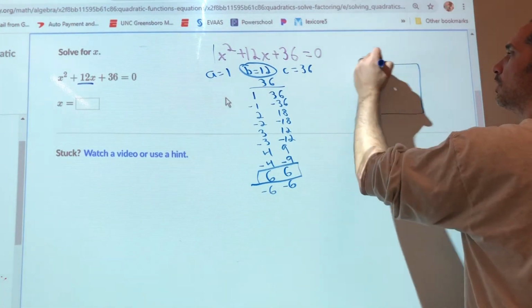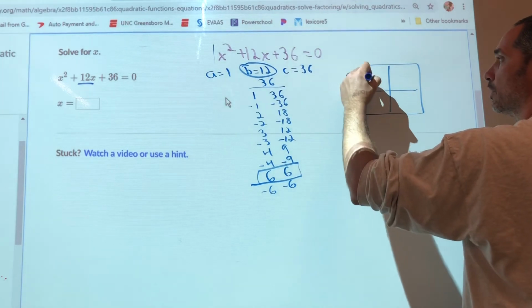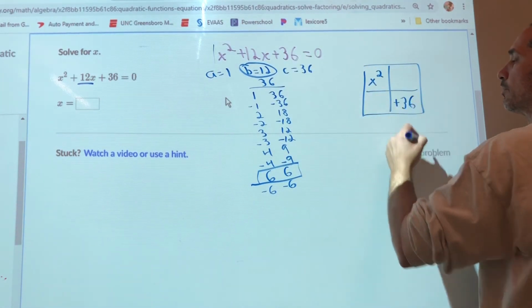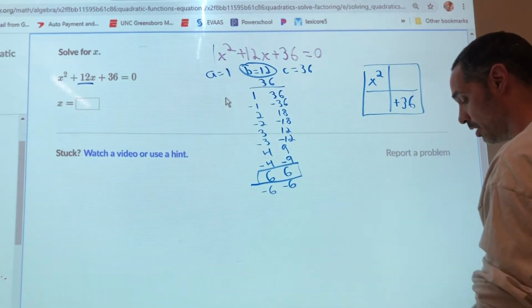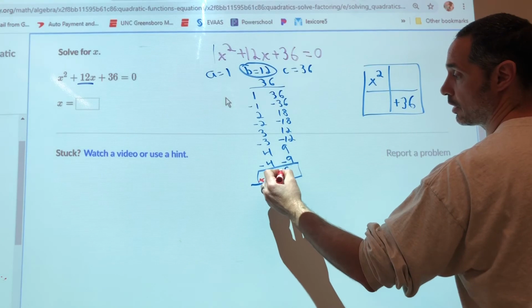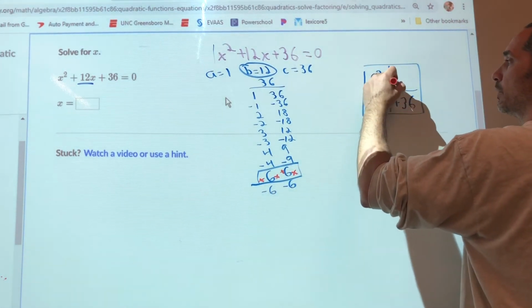So I'm going to factor. X squared and 36 go in the corner boxes. X squared plus 36. And then I fill in the remaining boxes with a positive 6x and a positive 6x. So plus 6x plus 6x.